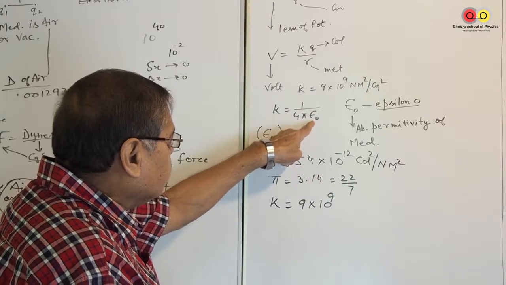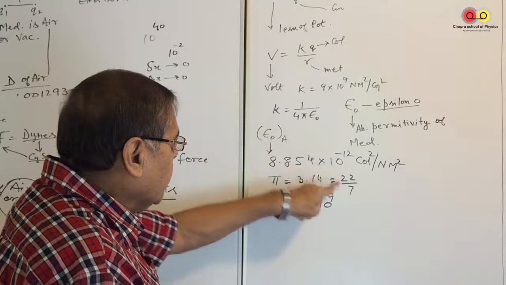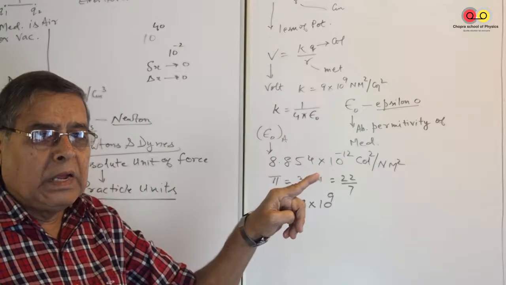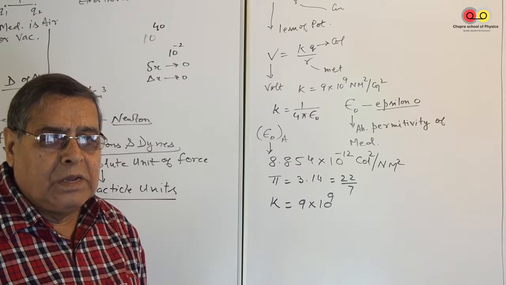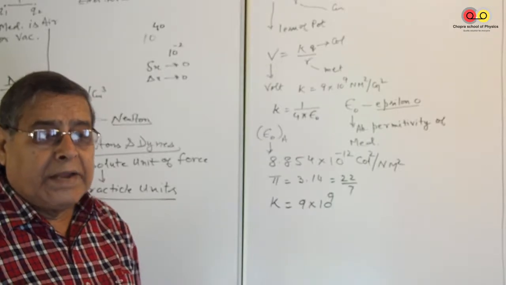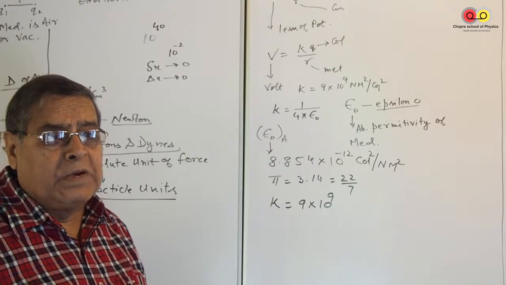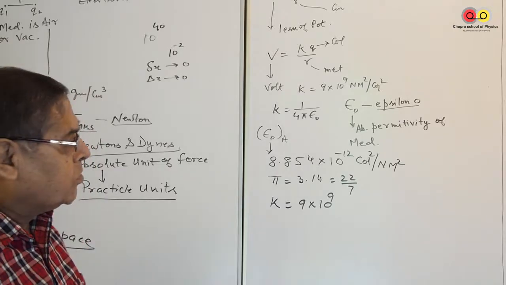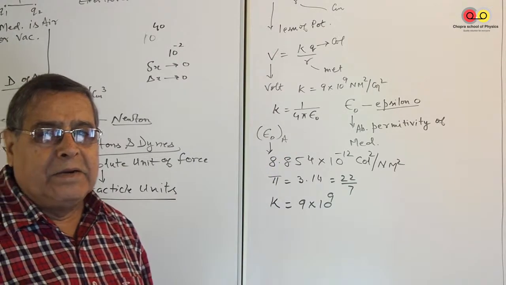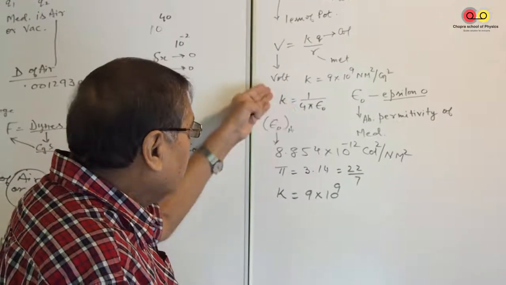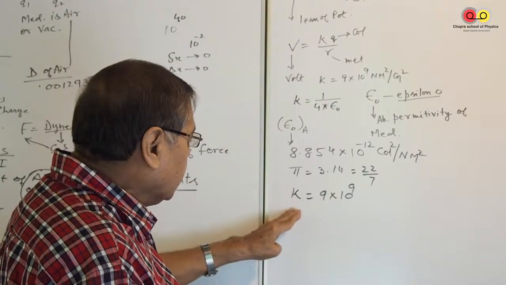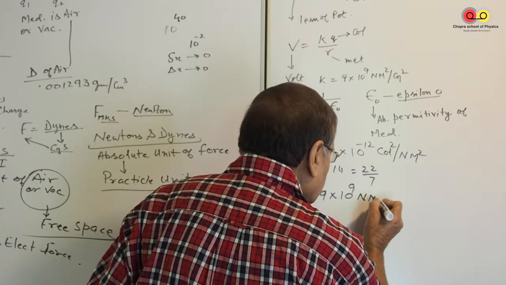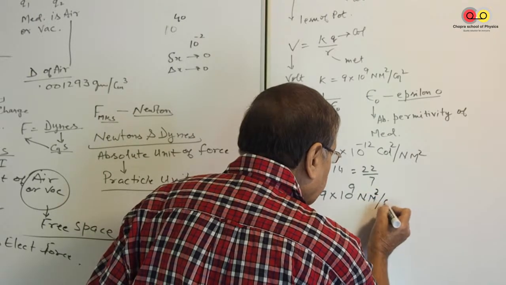If you make the calculation, I hope you know how to do division and multiplication, as you have learned in the primary classes. So I must not explain how to multiply or divide, rather we compute the value and come to the final conclusion that K is 9 into 10 to the power 9 Newton meter square per Coulomb square.